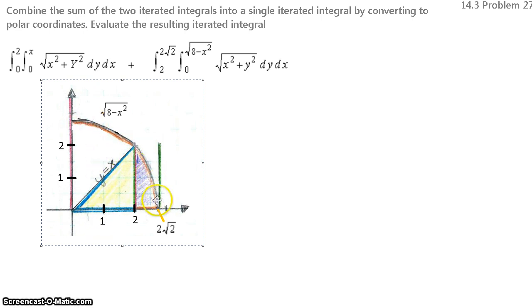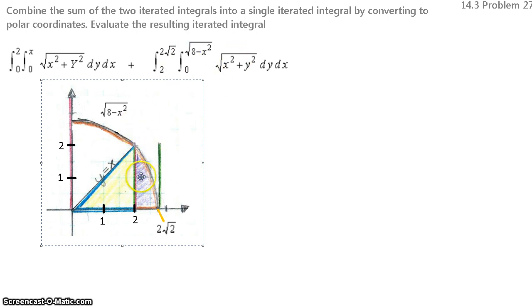And then the upper bound is what's really going to be giving us the polar coordinates. That's what's going to make this better to deal with that way, since when you add this little slice on, you basically get a section out of a circle.